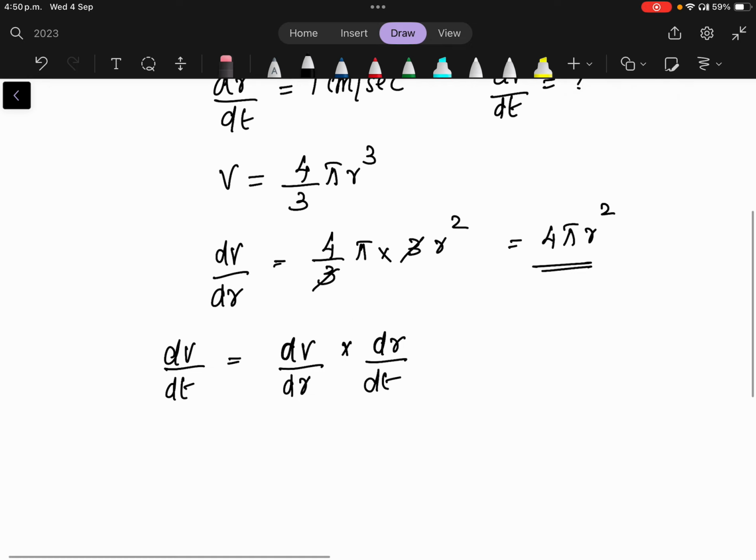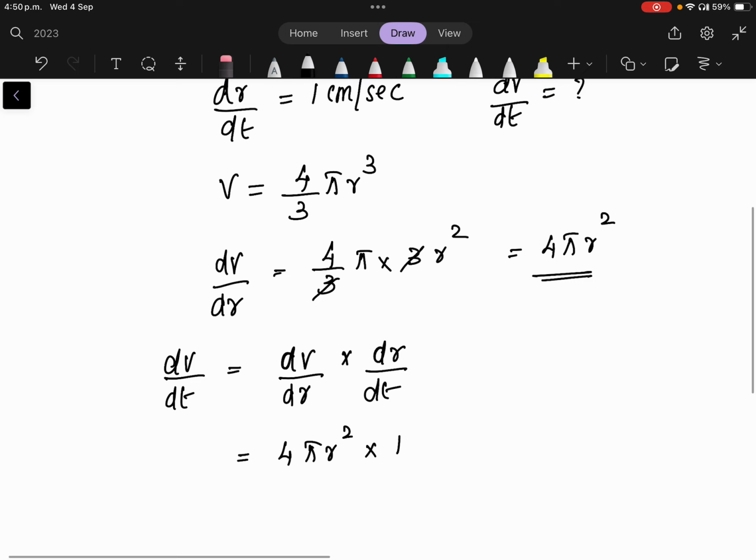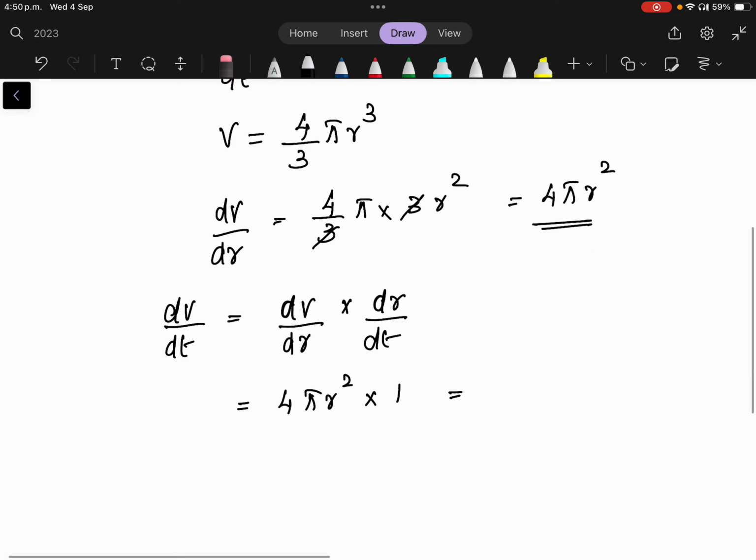We should know this formula: if we want dV by dt, we can differentiate with another variable, and then differentiate that second variable with respect to the one we want. So dV by dr is 4 pi r square, times dr by dt, which is 1, which is equal to 4 pi r square. Okay, so that is one step.